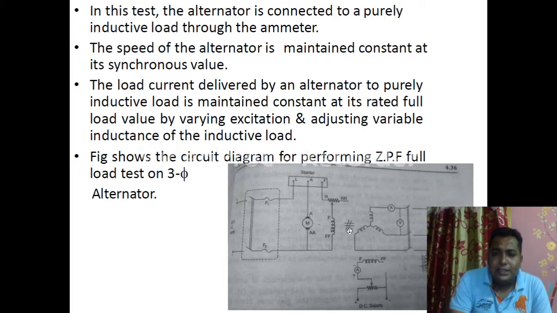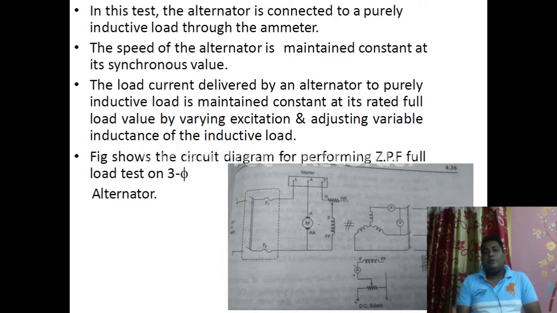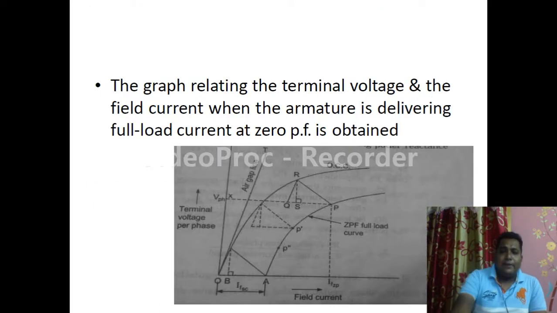And this is the alternator at the stationary section, the stator, and here the ammeter and voltmeter are connected to measure the current and voltage, and those terminals are connected to a three-phase variable purely inductive coil. So as far as the method is concerned, we have to connect that purely inductive load, and after that we have to note down the voltage and current values.